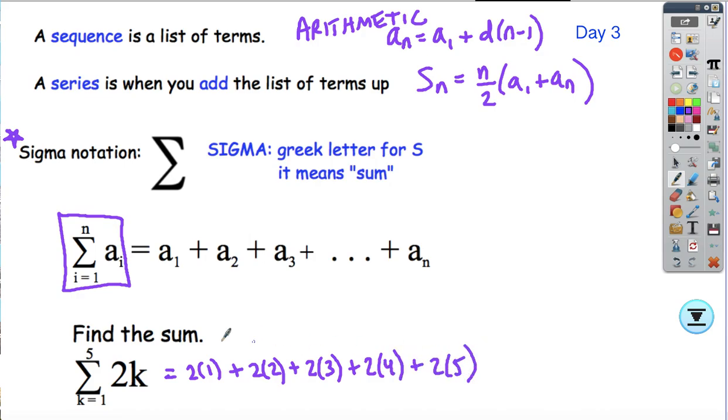And that's where I stop because the top number is a 5. So I start by plugging in a 1, I end with plugging in a 5. And then the summation symbol, the sigma, just means I'm adding them all up. So I would have 2 plus 4 plus 6 plus 8 plus 10, and I would add all those up, and that would give me my final answer.